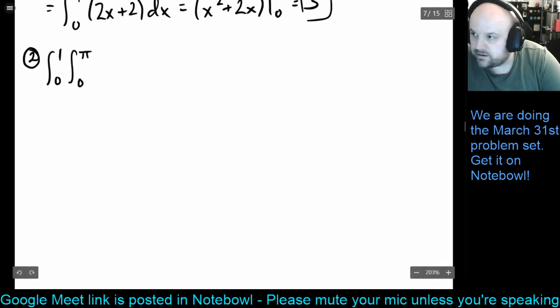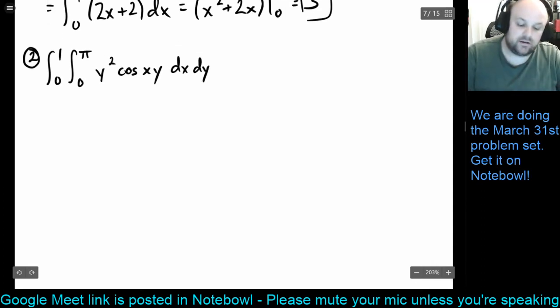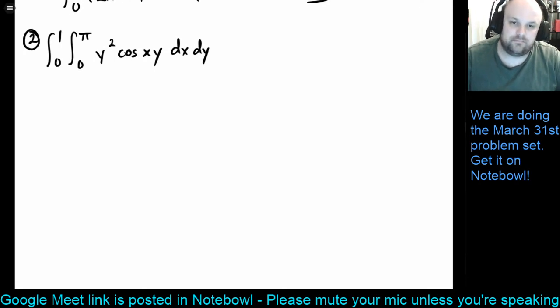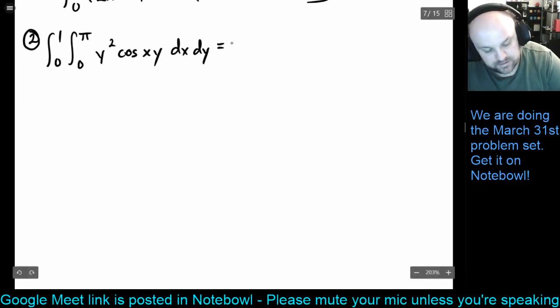The next integral is from 0 to pi of y squared cosine of xy, dx dy. Right. So here, let's go ahead and do this integral. Integrate this with respect to x.